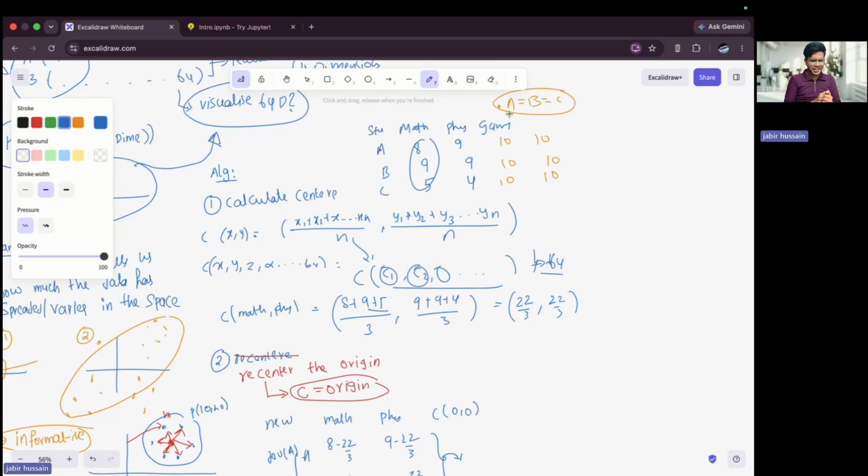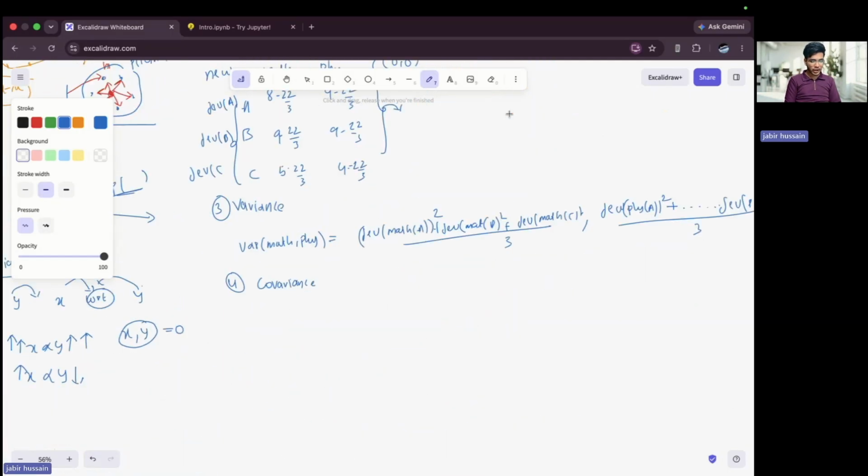We can tell that if he has a high number of hours in gaming, then eventually he will have low CGPA in math and physics. It means that high gaming feature gives low math and physics feature. It means that the covariance is opposite, and if it is opposite, then we can tell that the covariance is negative.